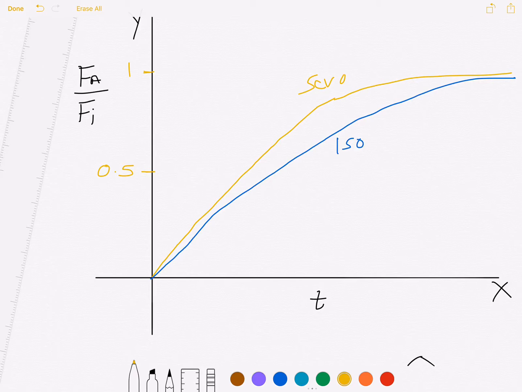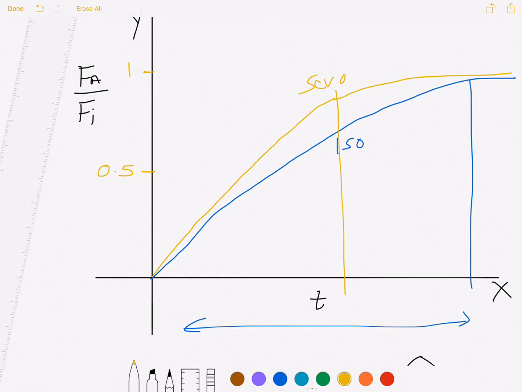But the time it took for iso to reach a steady state or a plateau state is longer, which is this, than the time it took for sevo to reach the steady state. So sevo reached the equilibrium faster than iso. And why? We'll come to that later.